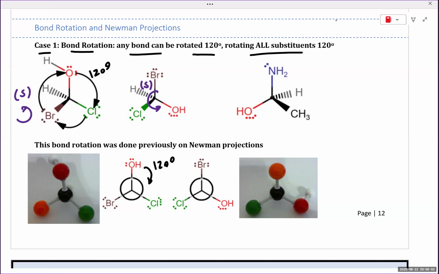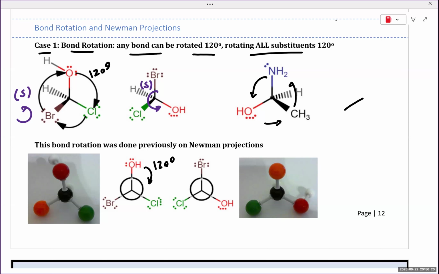So let's practice with this structure here. In this case, let's rotate our substituents 120 degrees, and let's draw our new rotated structure. Let's rotate it counterclockwise just to provide a bevy of different examples.